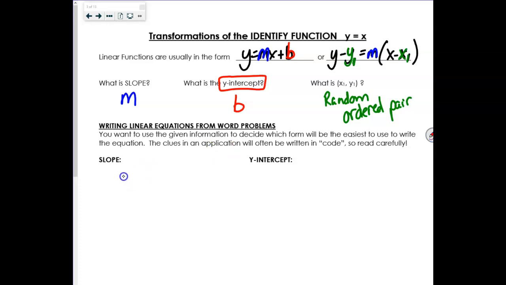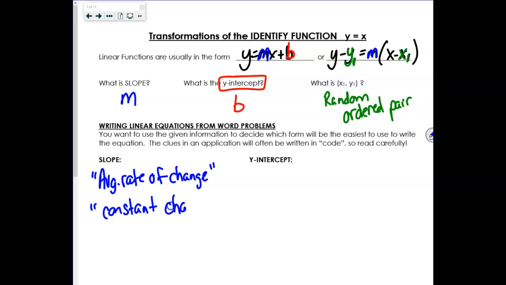So here are some phrases that you're going to see when they're referring to slope. You're going to see things like average rate of change. You're going to see things like constant change. You might see some phrase that says like change in, and then something like change in height, change in money, change in time.